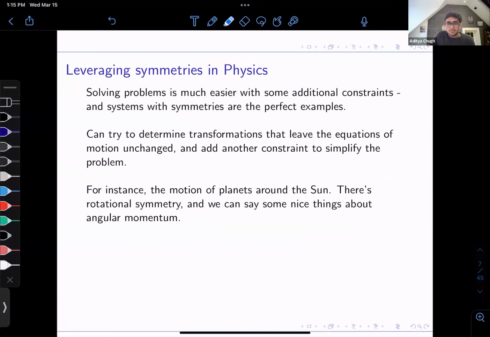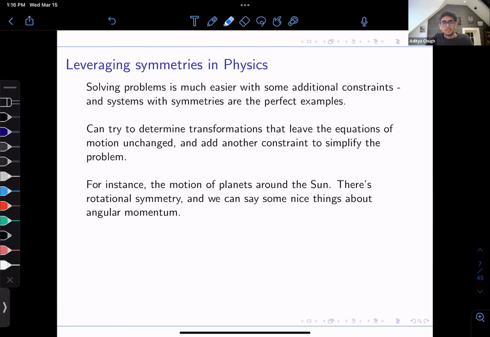And symmetries are nice because they really help us solve problems. They make the computation, the process of using the equations of motion and finally determining the expressions for my x coordinate, my y coordinate over time, much easier. For example, taking the motion of planets around the sun, there's a rotational symmetry, and we can say some really nice things about angular momentum.